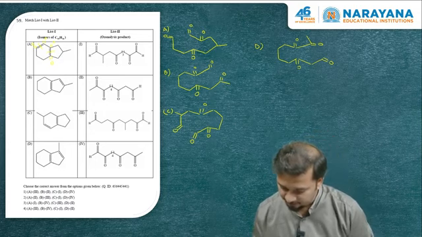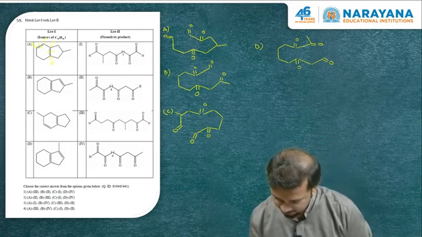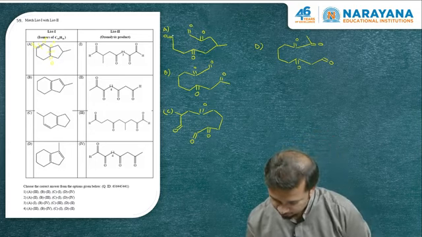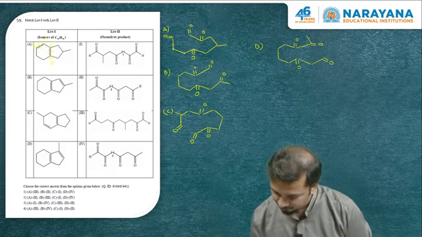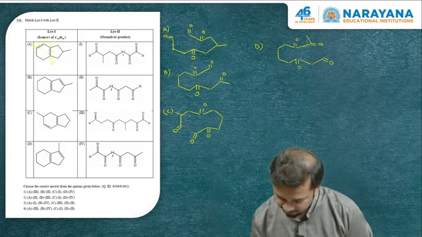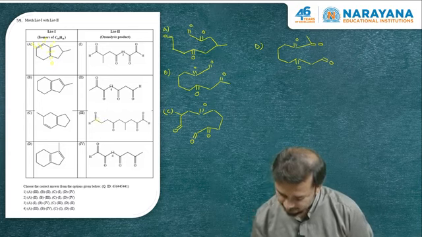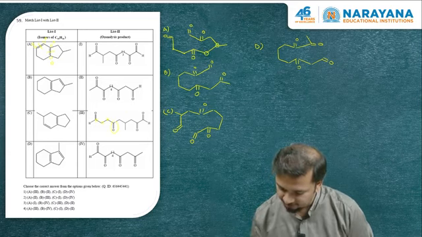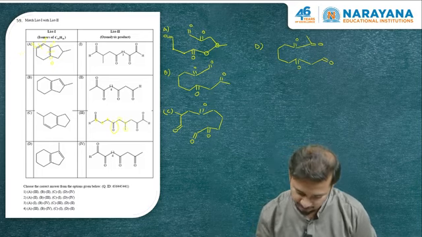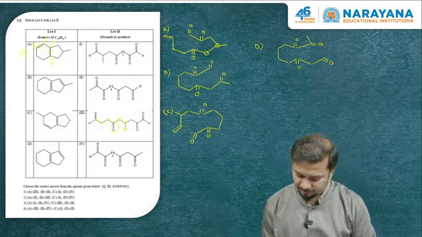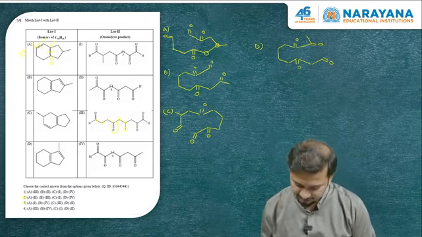If we match with the given options, A will match with CHO, then CH2, CH2 and CHO. We can see option number 3: CHO, then CH2, CH2, C double bond O, then CH2, C with CH3, then CH2. So A is option number 3, and the other options are eliminated.